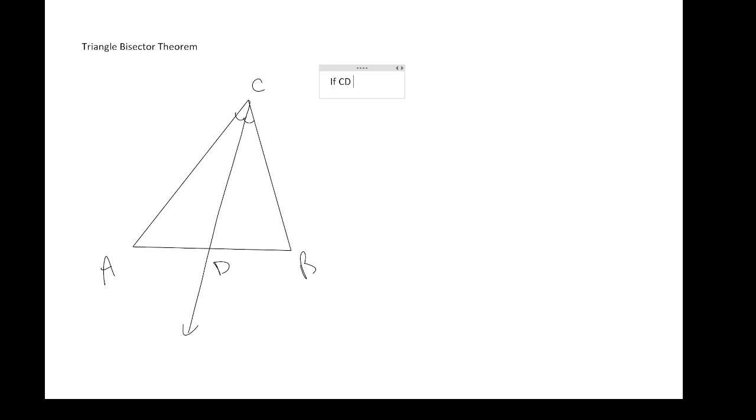If CD is an angle bisector, then we're going to have a proportionality relationship here. That's going to be a result, right? That AD, one of the bisected segments, to the other bisected segment, DB, these guys are going to be proportional to each other because they're not going to be congruent, right?